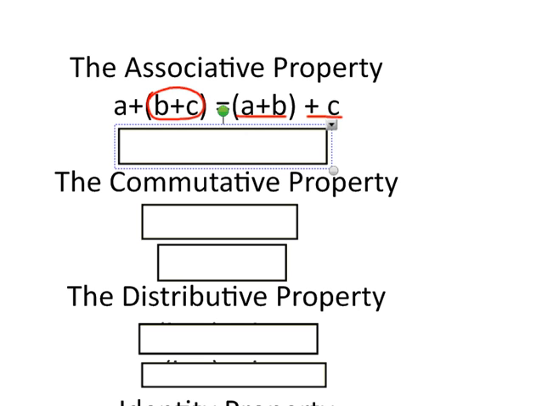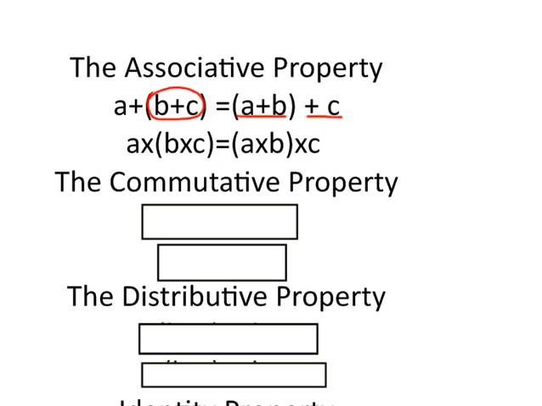We're going to look at the same associative property, but this time for multiplication. And again, it says order doesn't matter. A times the quantity, B times C, is the same thing as moving the parentheses the other way and going A times B and then times C. Order doesn't matter when you're doing either addition or multiplication.